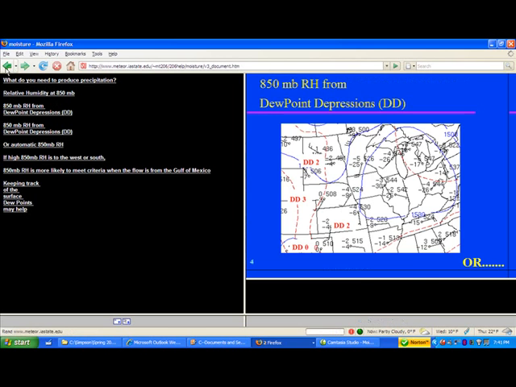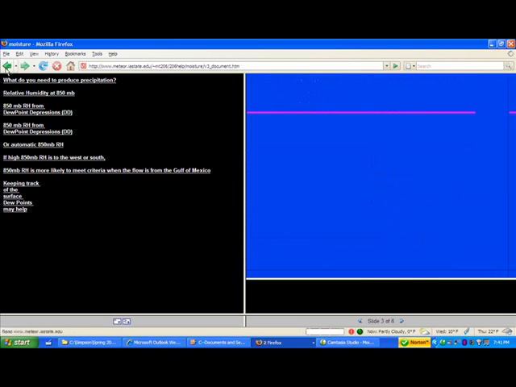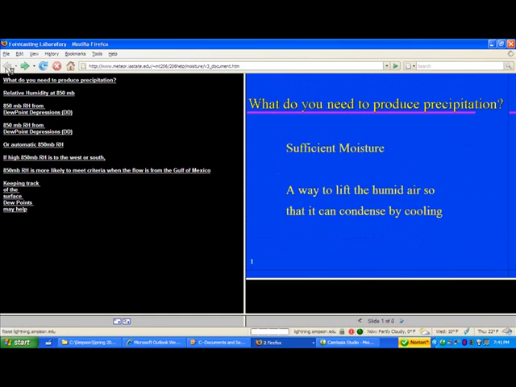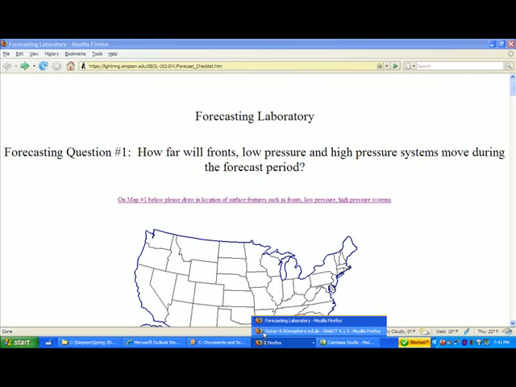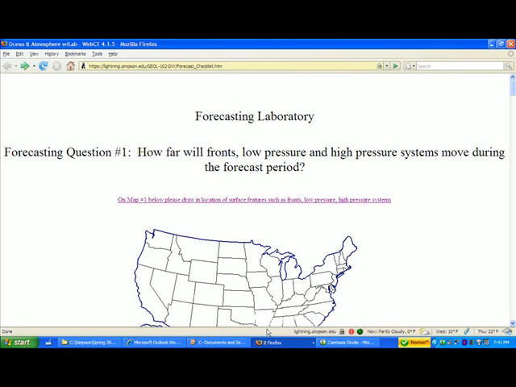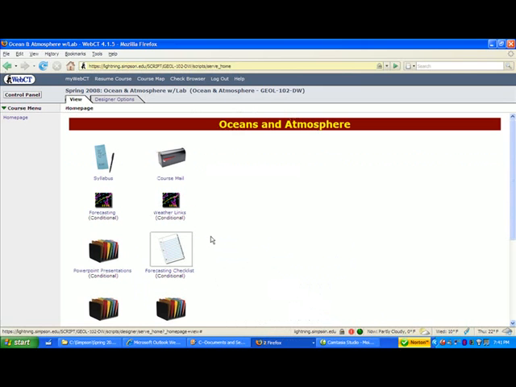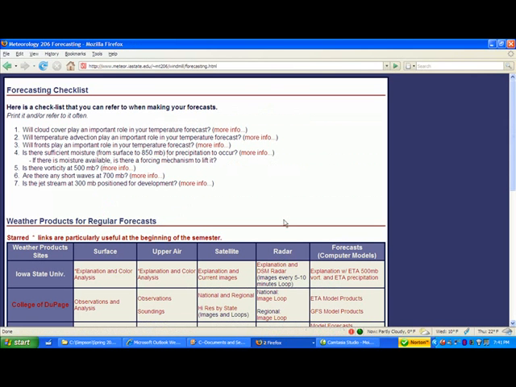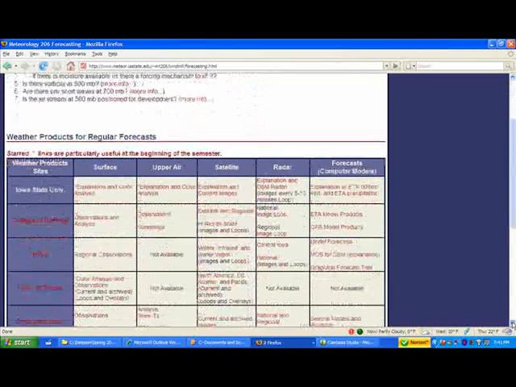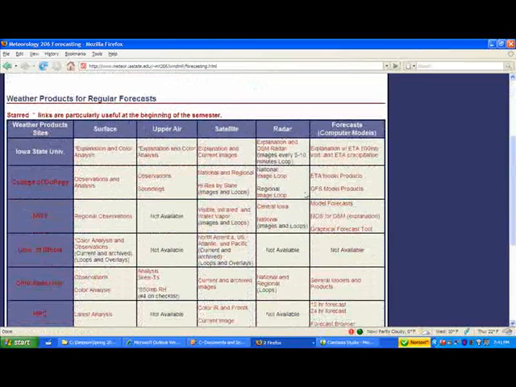Now, what we have not done at this point is look at a current dew point depression map. So let's see if we can find something. And in fact, what I'm going to do here, I am going to go to Weather Links and go to Weather Links Galore. And again, I'm looking for 850 millibars.